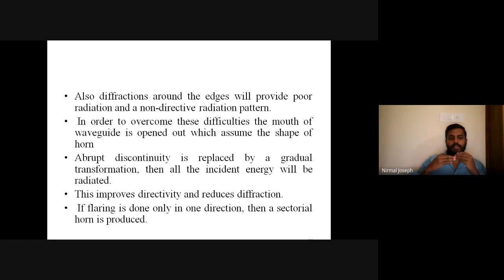In order to overcome these difficulties, in place of providing an abrupt discontinuity, we are providing a gradual transformation, opening the mouth of the waveguide gradually into a large one.